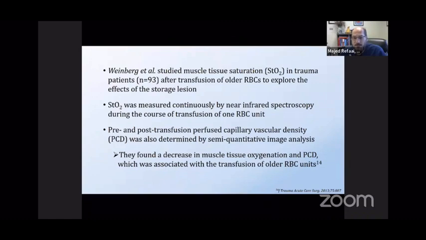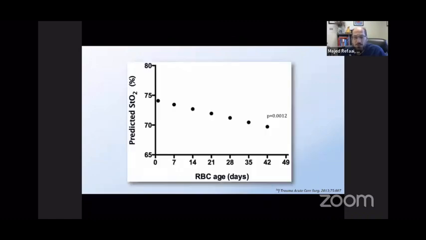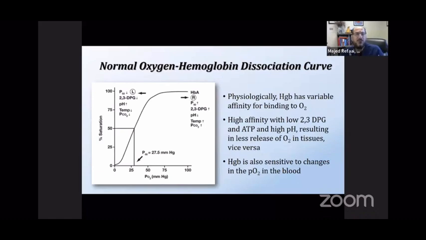So the older the red blood cells, the less oxygenation would happen. And this is the graph they show us, that the oxygen saturation starts decreasing even after 1 week. But when you get to the final, the 35 or 42 days, there was basically a significant difference in the oxygenation.